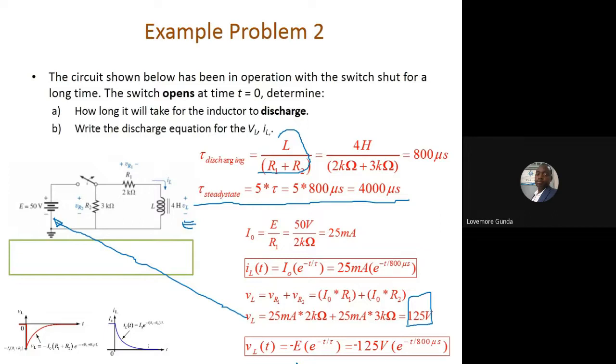VL(t) is equal to minus E exponent of minus t over tau, which is 125. Remember, our E now is our new initial value, 125, multiplied by e to the power of minus t over the time constant. That becomes the expression for VL, and that one is the expression for IL.